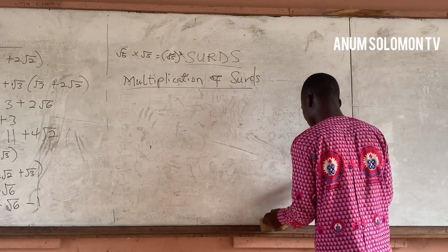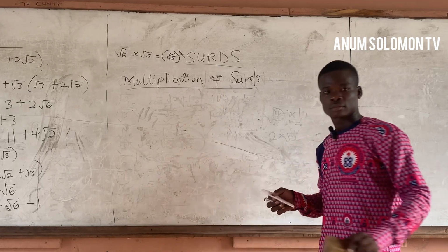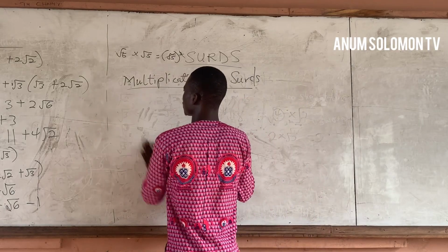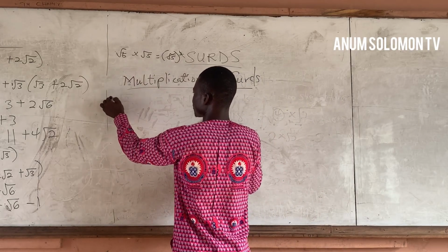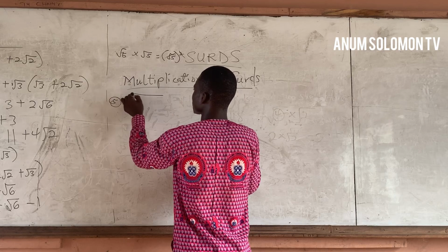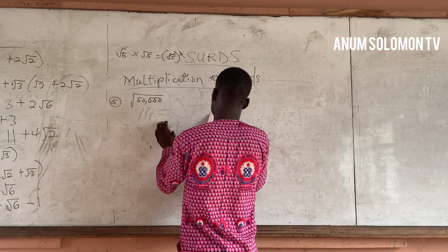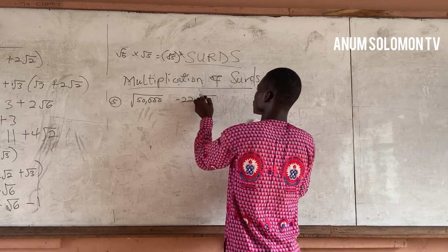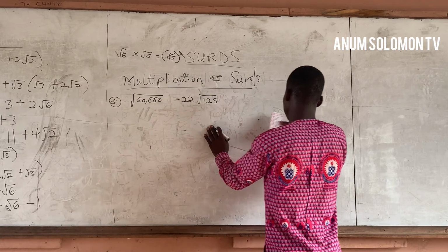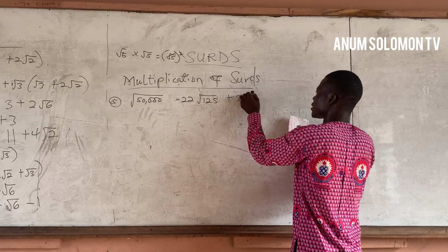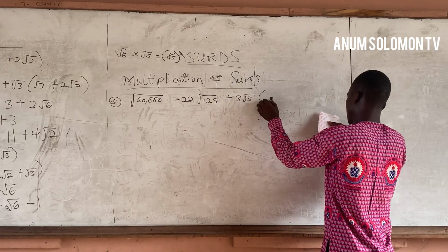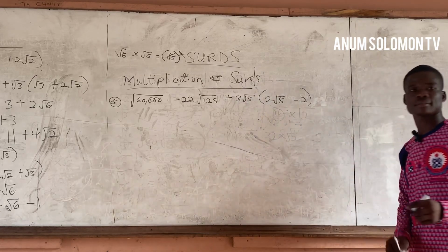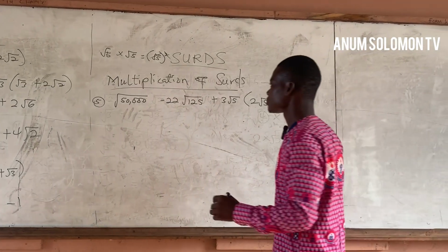So the last problem is, we are to expand and simplify root of 50,000 minus 22 root of 125 plus 3 root of 5, bracket 2 root 5 minus 2. So we have to simplify this. So now let's take our time.